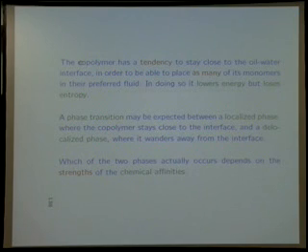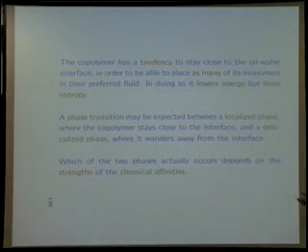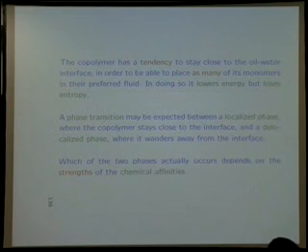Okay, so as I have already explained, in this model, the copolymer in principle has a tendency to want to stay close to this oil-water interface, because if it doesn't, it will only be able to place half of its monomers in the right medium, and the other half will be mismatched.